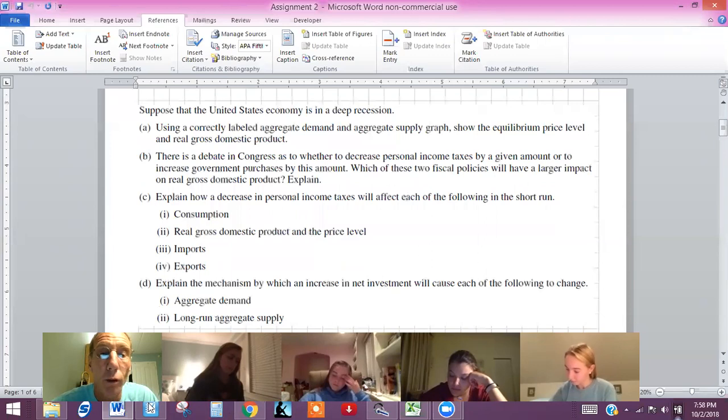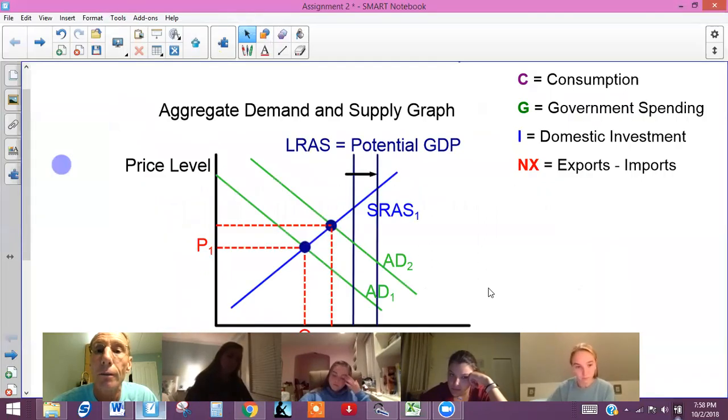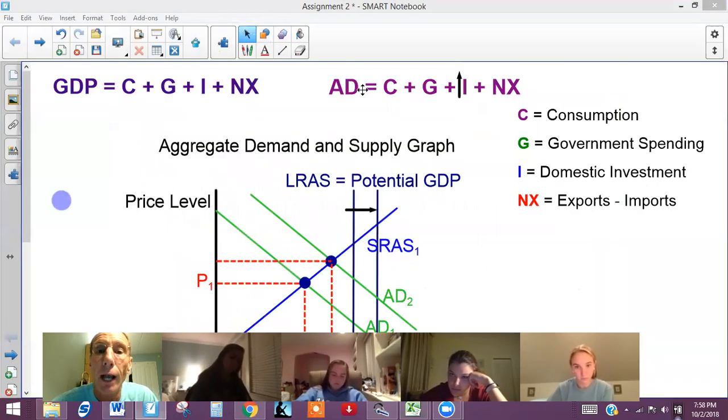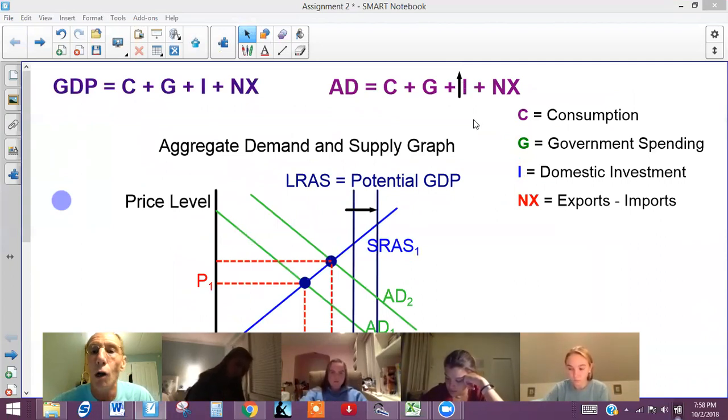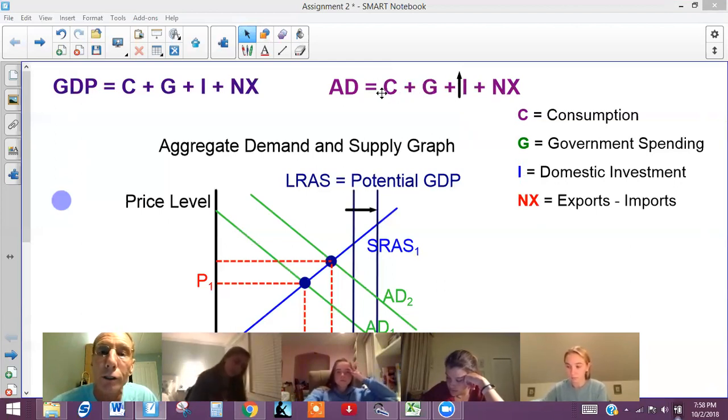Okay, now understand that aggregate demand is made up of consumption, government spending, net domestic investment, and net exports. When they say net, they mean overall it's going up, right? So if any one of these goes up, everything else being equal, obviously if one goes up and one goes down, you don't know.